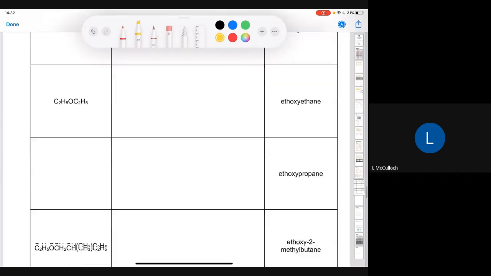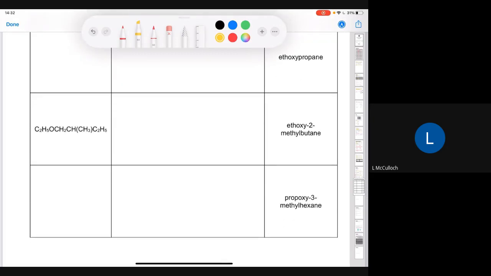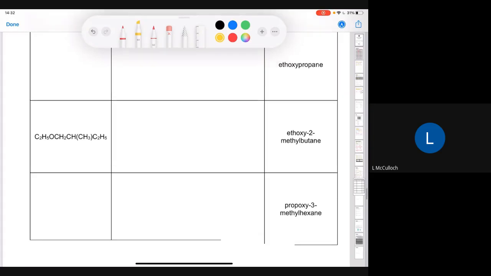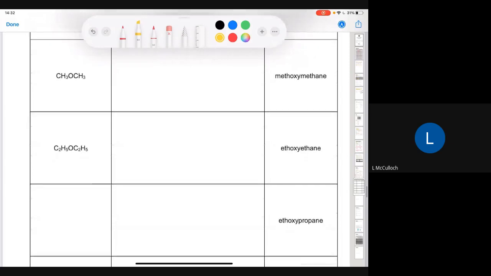Then I'm going to show you the 4th row and get you to have a wee go at the last row, and then of course I'm going to put up the answers. So I'm going to give you maybe 4 minutes to have a wee go at filling in as much of this table as you can. If you're really not sure, don't worry about it, just leave it out or draw it in pencil, and then you can make any changes if necessary.